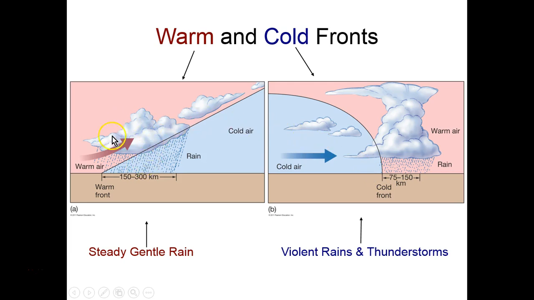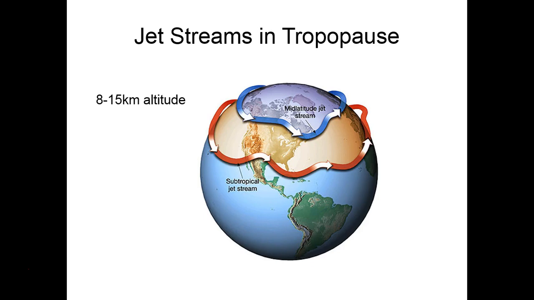So this would generally be what you experience in places that are normally colder temperatures, so higher latitudes. This would be what you would experience in places that are generally warmer temperatures, so the lower latitudes, meaning around the equator up to 30 degrees and maybe 40 degrees north or south.